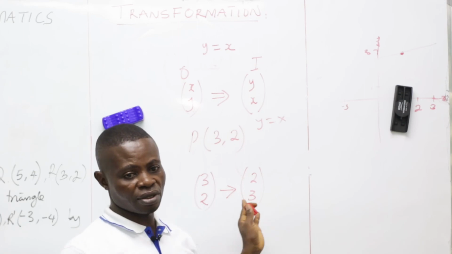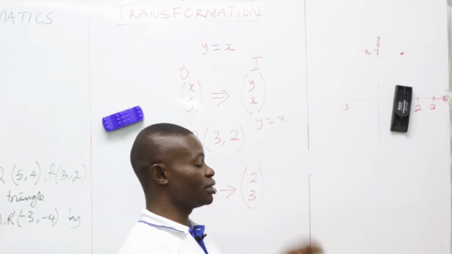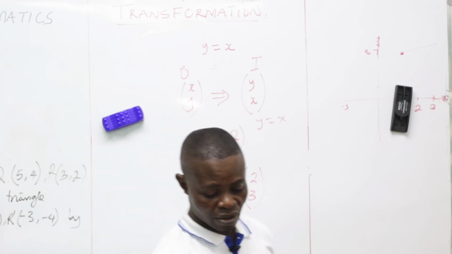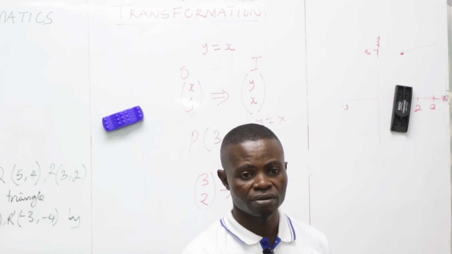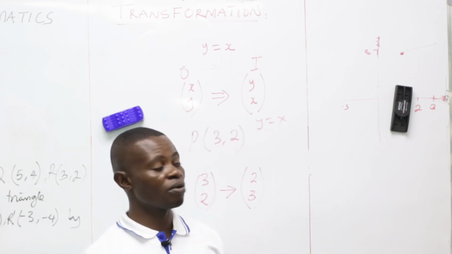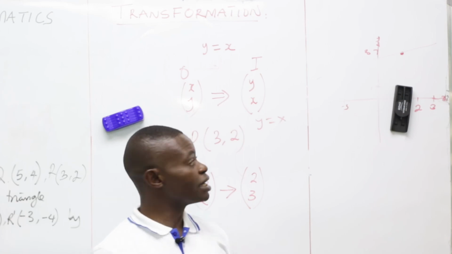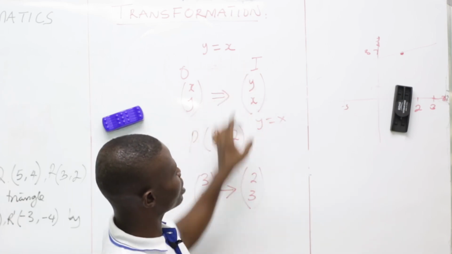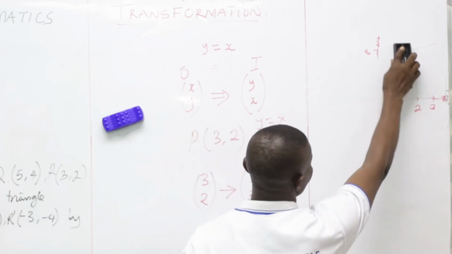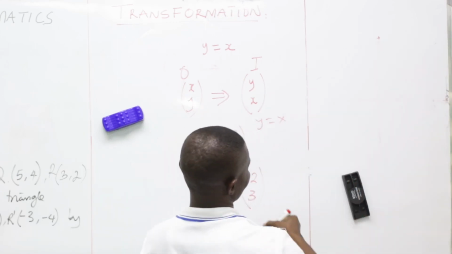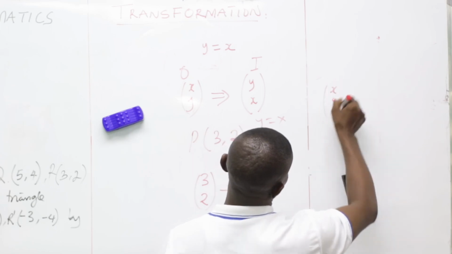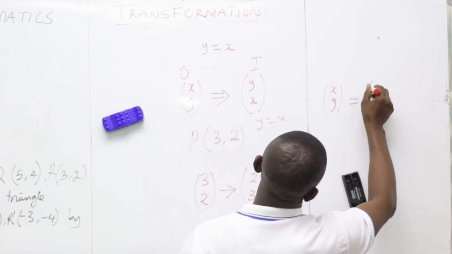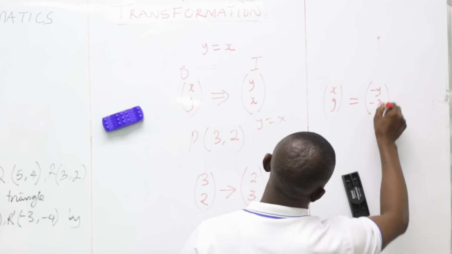You don't stress yourself so much about this. So let's look at the next question here. Reflection in the line Y equals minus X. The same formula will still serve you, but the only difference is that there's going to be a minus sign in your formula. So meaning object (X, Y) equals image (minus Y, minus X).